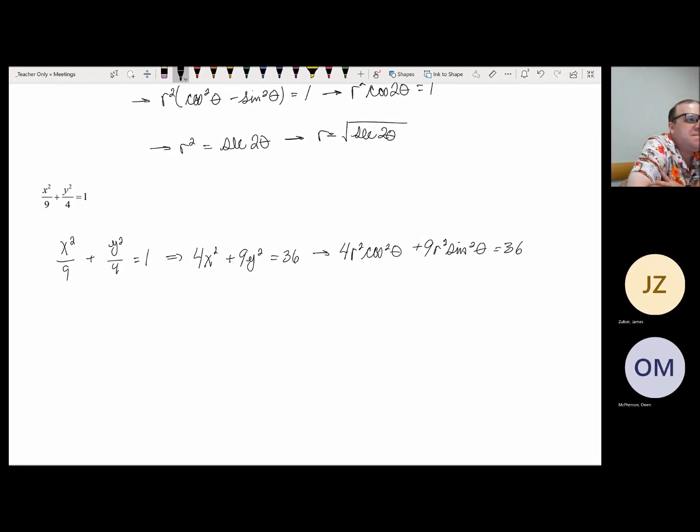Bummer. And we could write either sine squared or cosine squared in terms of the other. Would that actually be beneficial?